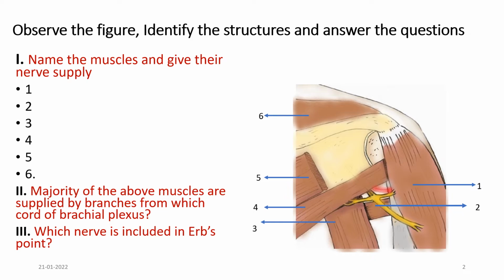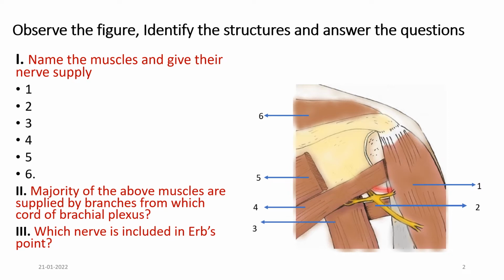Then answer the questions. The first question is, you have to identify the muscles numbered 1 to 6, name those muscles and give their nerve supply.